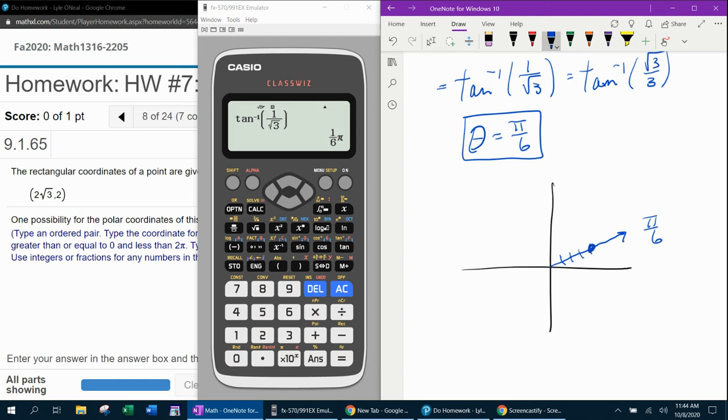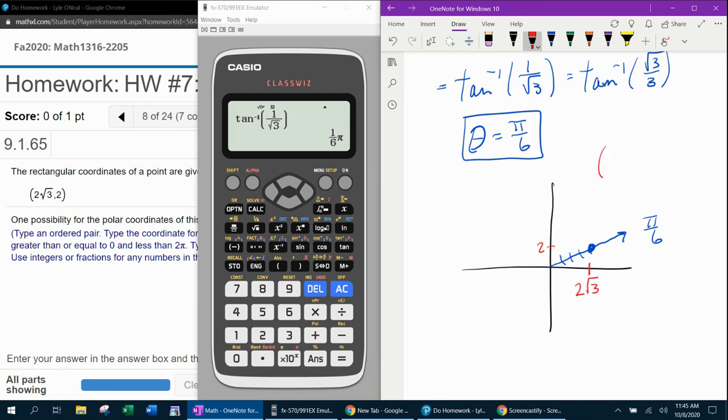And so if I plot the polar point, I get a quadrant 1 ordered pair. If I plot the rectangular point, that's going to go over to 2 square root of 3 and then up 2. And you can see that it goes over a little bit more than it goes up, which makes me feel really good about my polar coordinates.